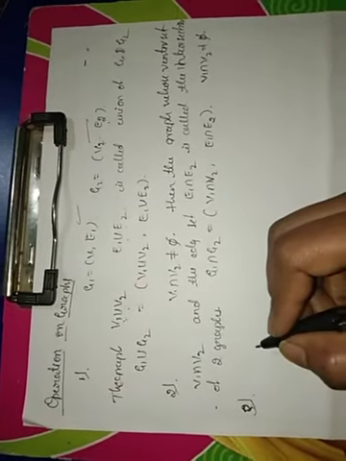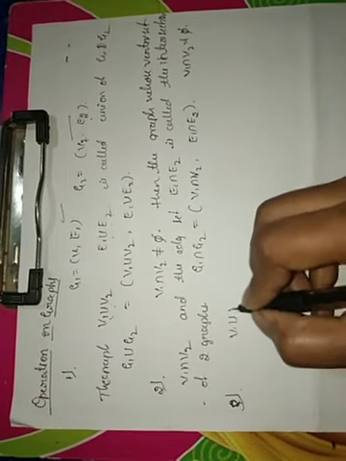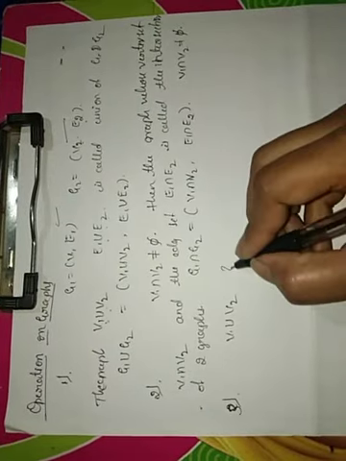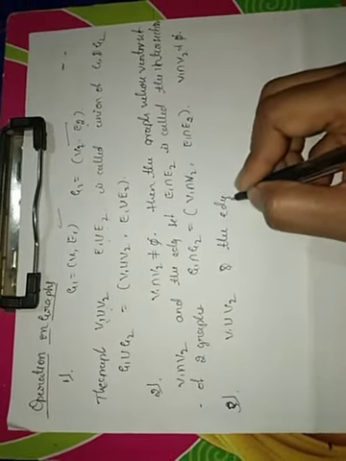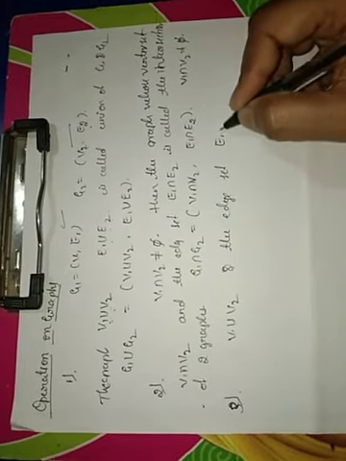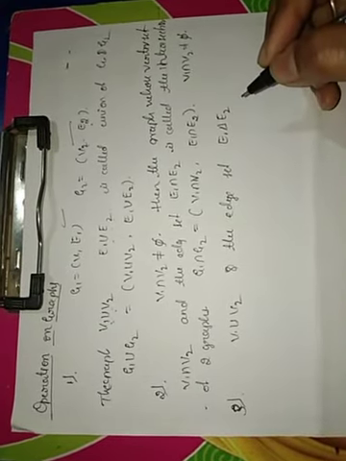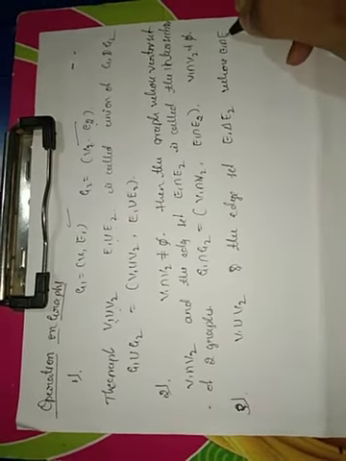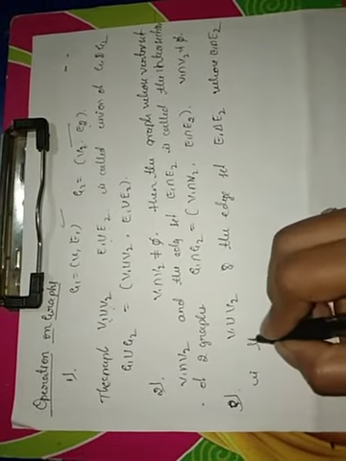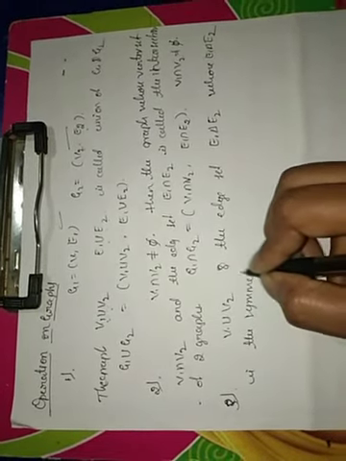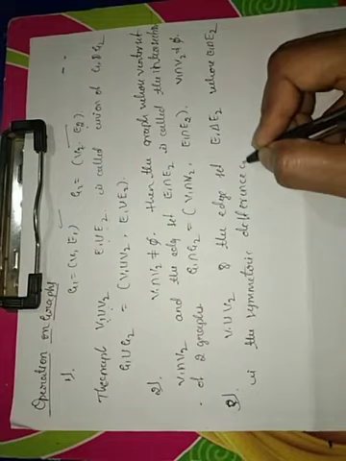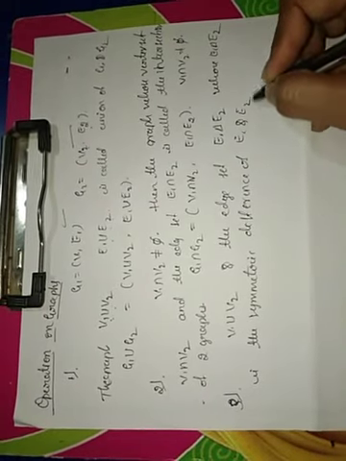Next I am moving to the symmetric difference. Suppose we have a vertex set V1 union V2. The graph whose vertex set is V1 union V2 and the edge set E1 delta E2, where E1 delta E2 is the symmetric difference of E1 and E2.